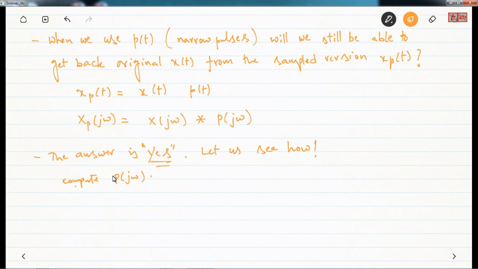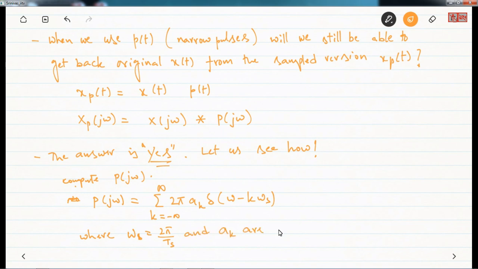So recall that p of j omega is nothing but the summation over k from minus infinity to plus infinity of 2 pi into ak delta of omega minus k omega s, where omega s is equal to 2 pi by Ts, and ak are the Fourier series coefficients.